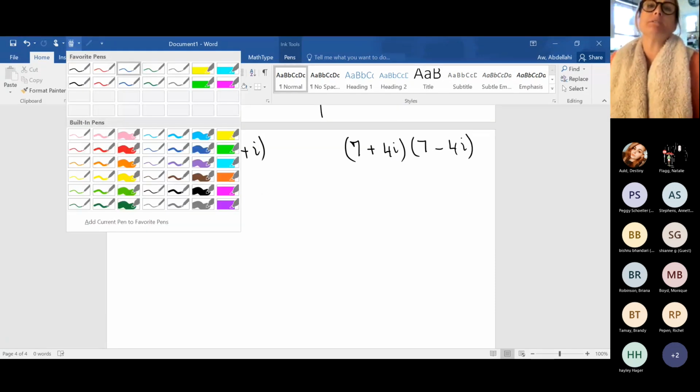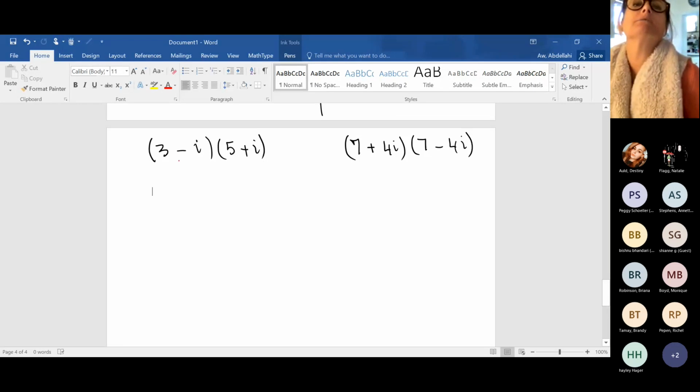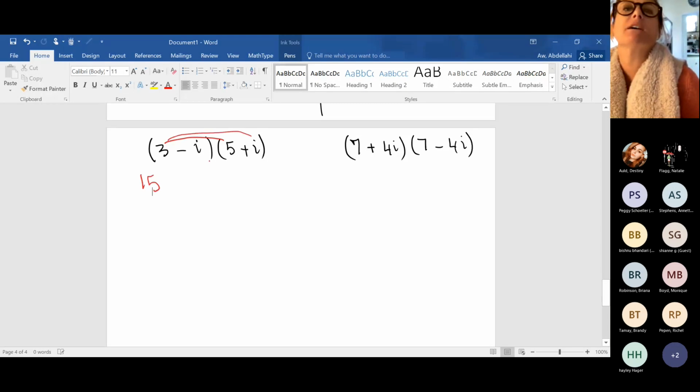Okay, so when you FOIL, 3 times 5, 15. 3 times i, 3i. Negative 1 times 5, you got negative 5i. And then the last one, negative i squared, which is going to become how much?